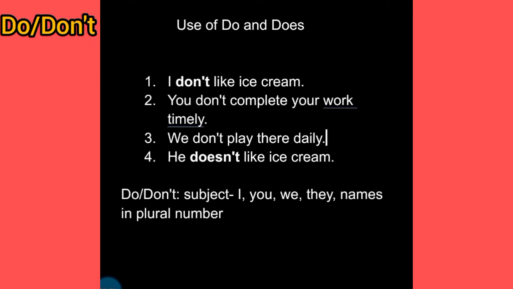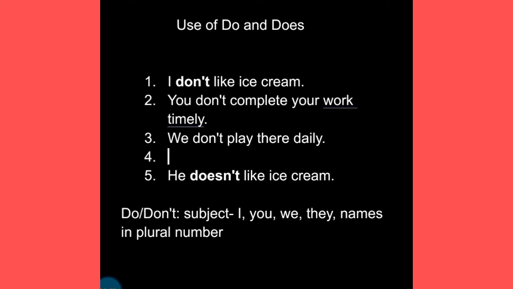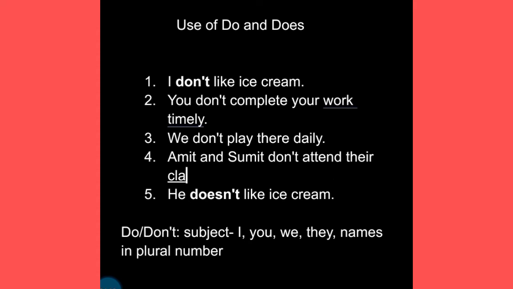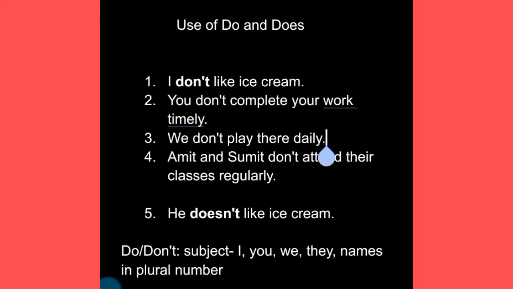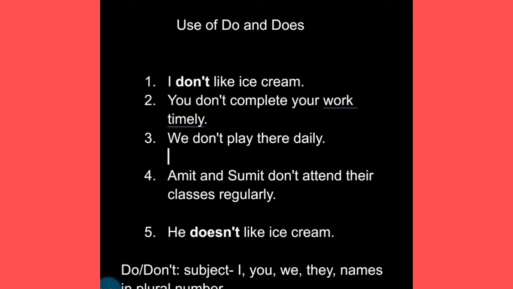Similarly, if there is a subject which includes names in plural number, for example, Amit and Sumit don't attend their classes regularly. So in this sentence, why are we using don't instead of doesn't? For the very simple reason that here the subject is Amit and Sumit.